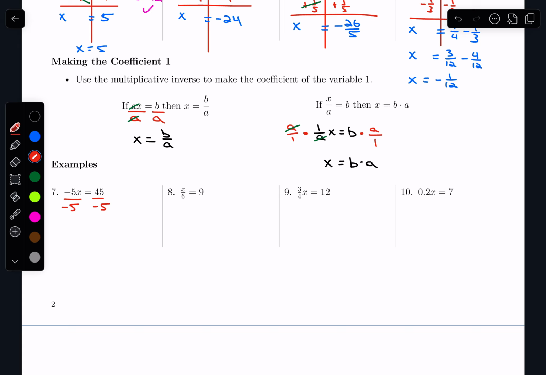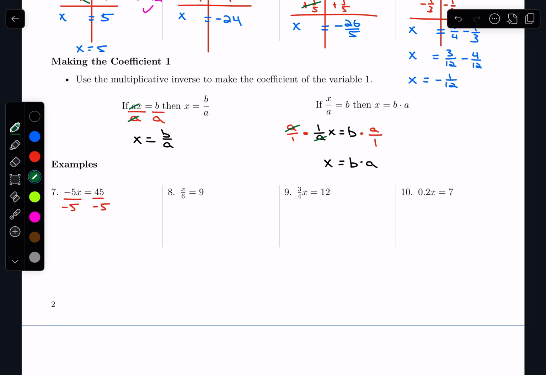Now, a mistake I see all the time is students want to divide by the whole thing, negative 5x on both sides. That doesn't work though, because if I divide by negative 5x, the x's would also be canceling each other out, and we don't want that. We just want to get x alone, and to get x alone, we divide by its coefficient.